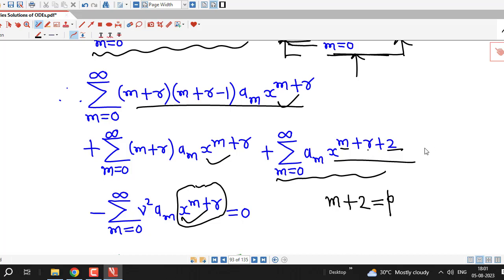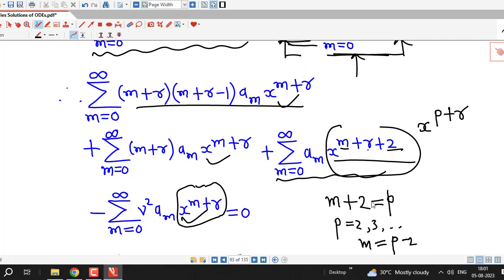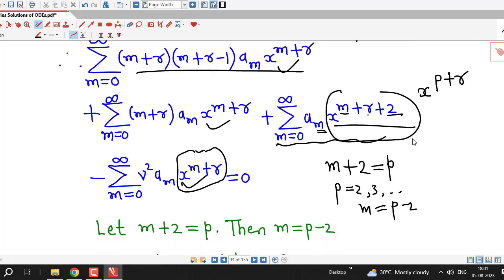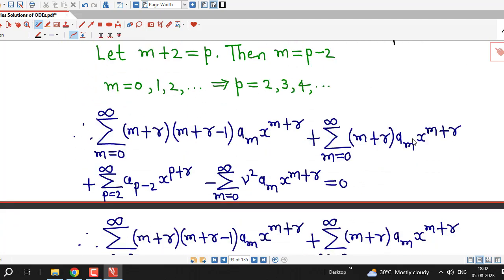If I take m plus 2 equal to p, this will be x raised to p plus r, and m is starting from 0, so p will start from 2. And m plus 2 equal to p means m is p minus 2, so this m will be replaced by p minus 2, and instead of m equal to 0 to infinity we will have p equal to 2 to infinity, a suffix p minus 2, x raised to p plus r, and the rest of the summations are as it is.